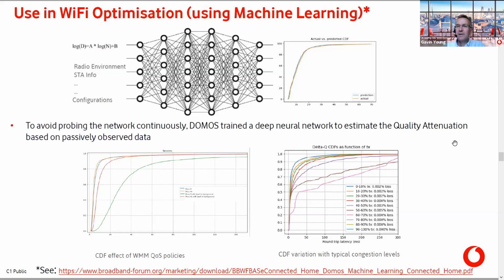So that's a very interesting use of quality attenuation to actually couple it with machine learning, predict the degradation, and make sure only the applications that can cope with that degradation experience it. So extremely interesting approach, and there's a link at the bottom there.